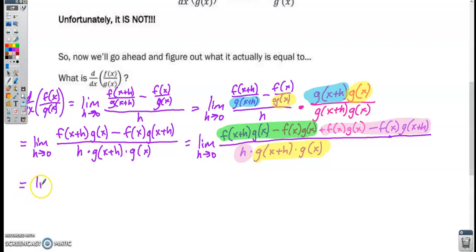This turns into the limit as h goes to 0 of f of x plus h g of x minus f of x g of x all over h.